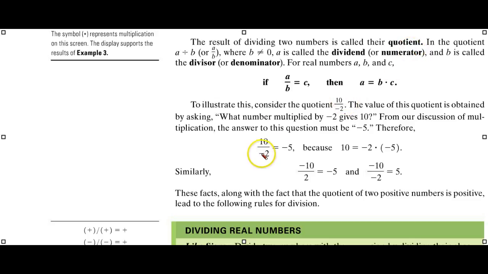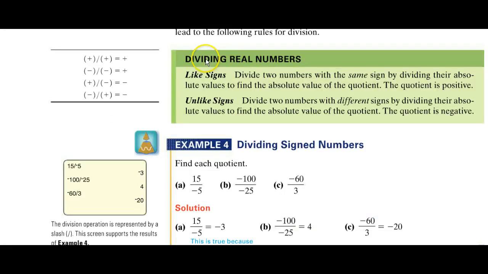If one is negative and the other positive, it doesn't matter where they are, then the result is negative. So here one is negative, so the result is negative. Here both are the same, so the result is positive. So again, a summation of the rules for dividing real numbers in terms of their sign. Like signs, the result is positive. Unlike signs, the result is negative.